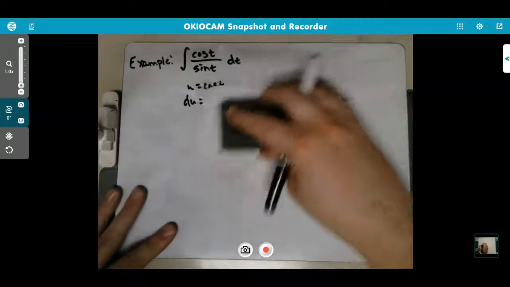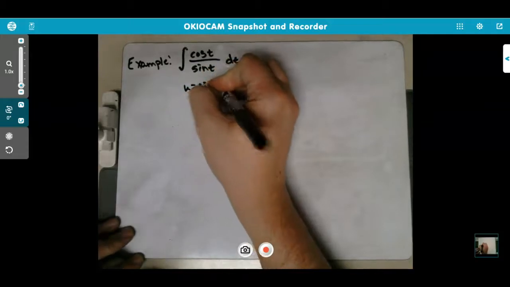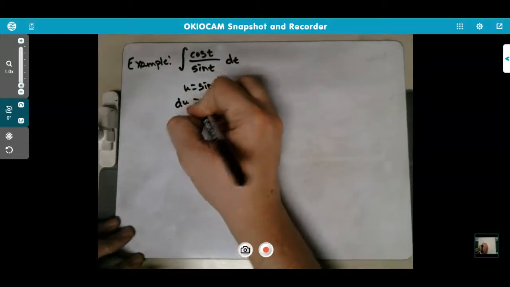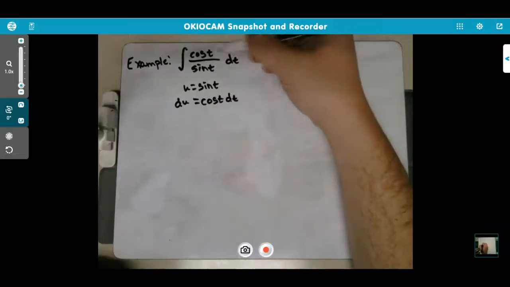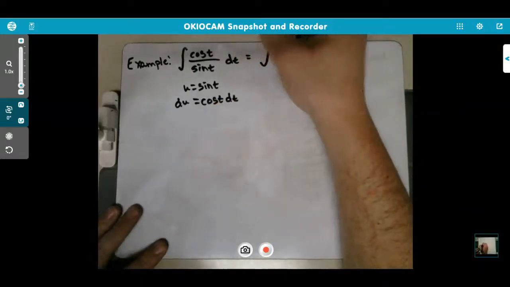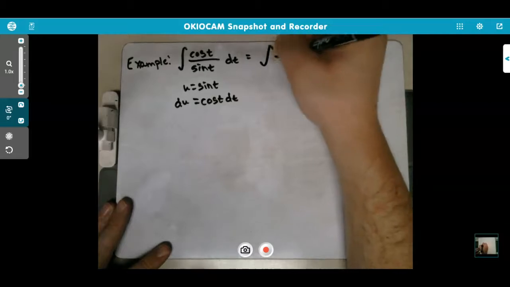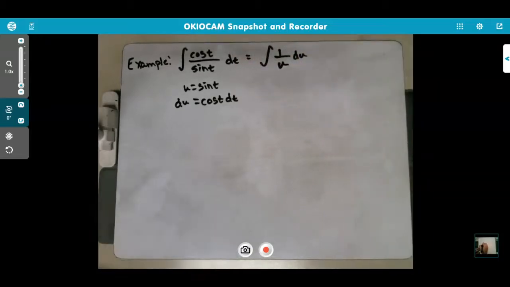So instead, let's see what happens if I let u be equal to sine of t. In this case, du, the derivative of sine is cosine. And look at that. Cosine t dt, I have that. So this would become just the integral of 1 over, that's my u, cosine t dt is du.